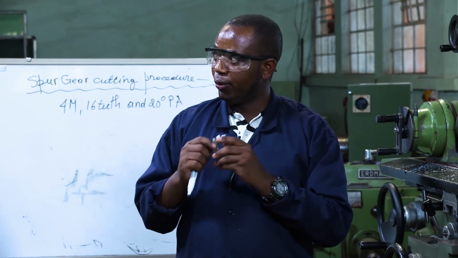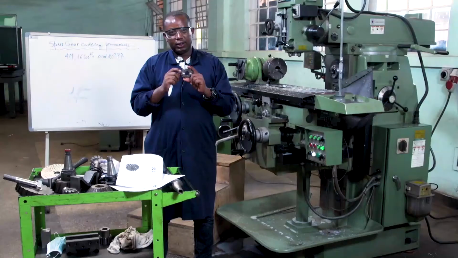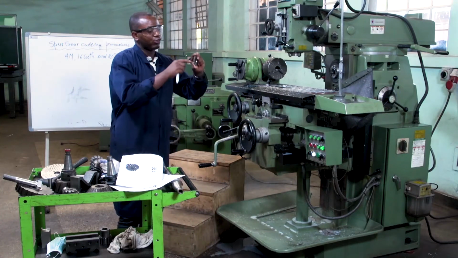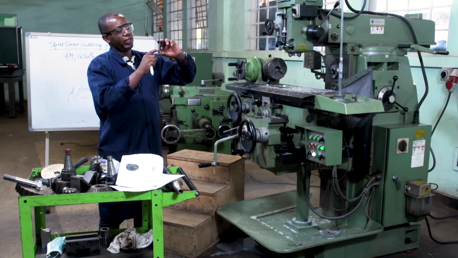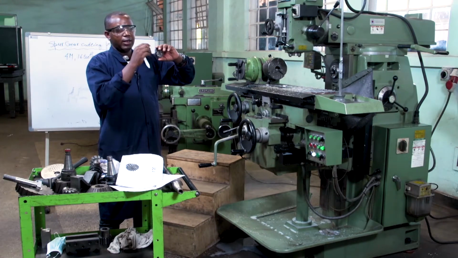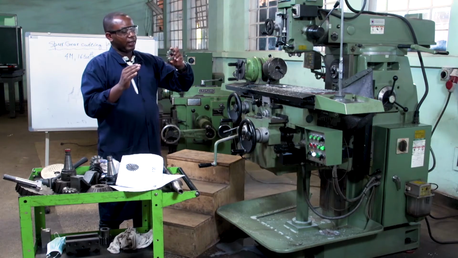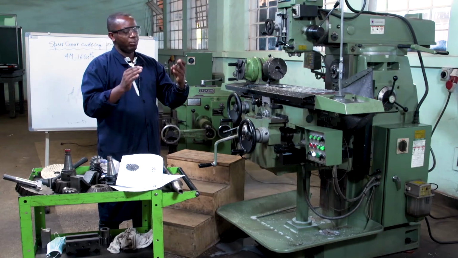This is where we are going to perform this task. It means that the form of the teeth comes from the geometry of the milling cutter. That's why we say forming operation as the category of milling operation.